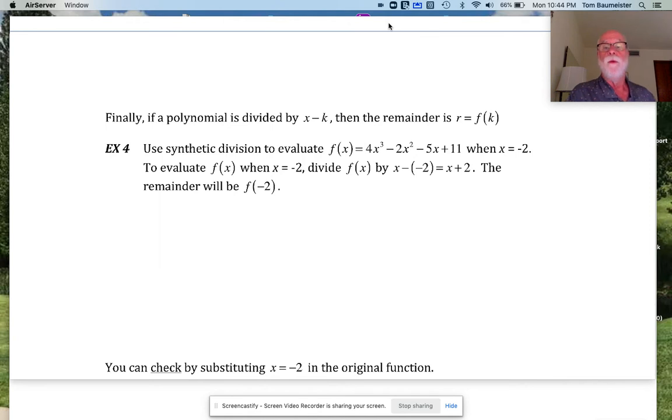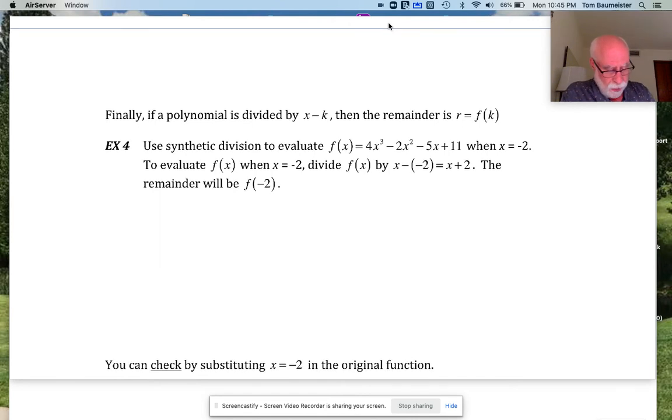And then the remainder will be f of negative 2. So basically what they're saying here is, remember, for a factor, we would be setting it equal to 0, right? So we have it set as this. So we're kind of doing the opposite of the zero product property.